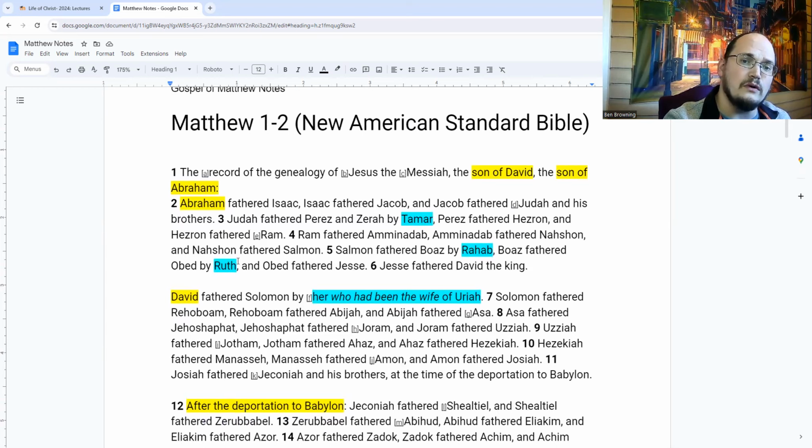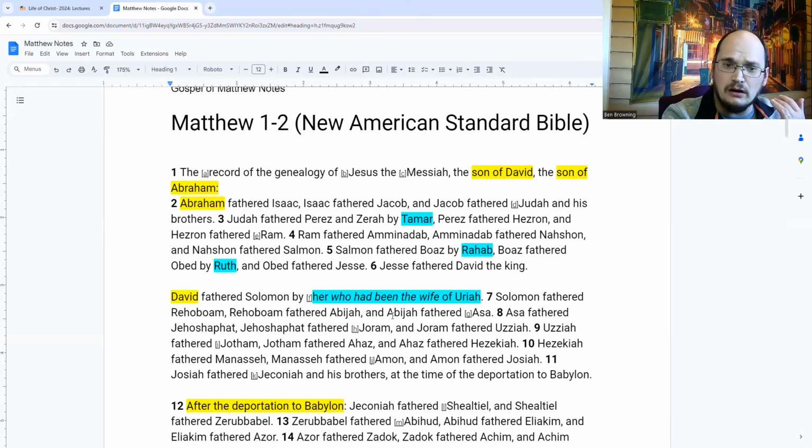But the other 4 women are peculiar. It's weird that they're the ones that are mentioned. Why is it weird? Because they're mentioned and not certain other women, right?